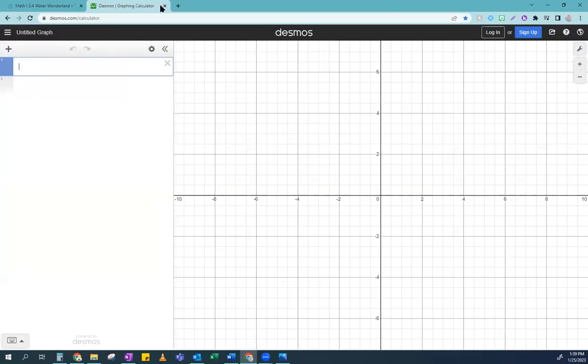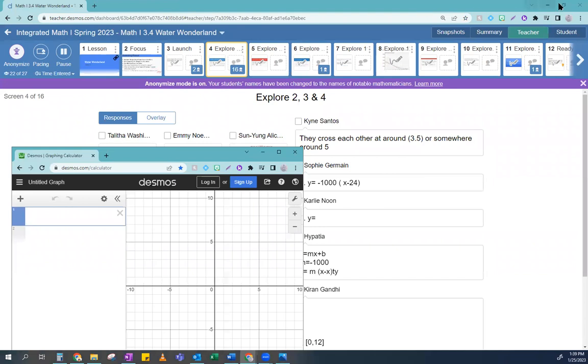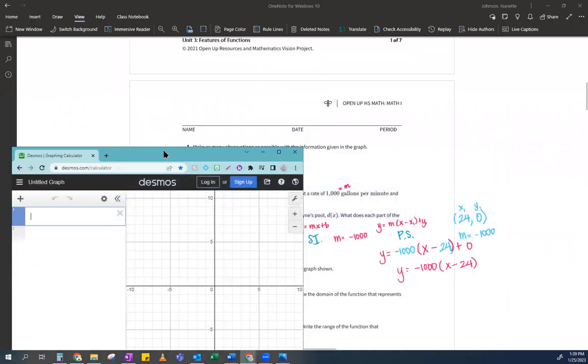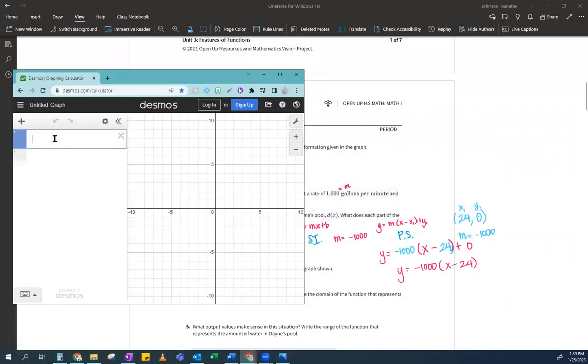I do know what you're talking about though. Hold on. Let's write this in here. So if we write this equation in here, we write y equals negative 1000, parentheses x minus 24, close parentheses. Everybody okay with this? Someone said, why is it a straight line?